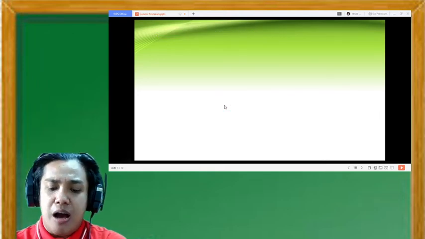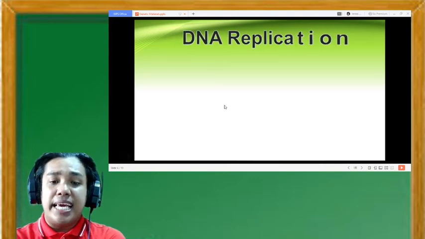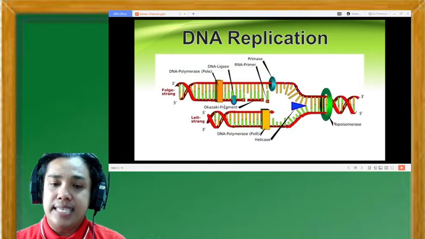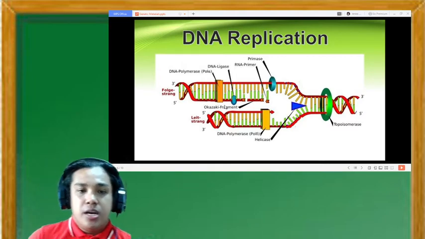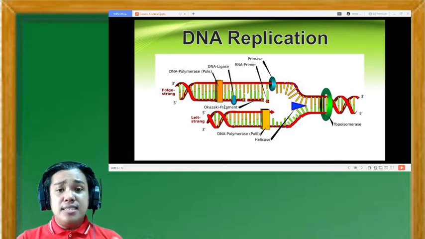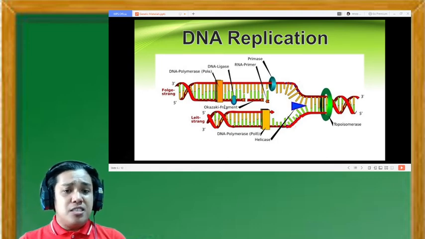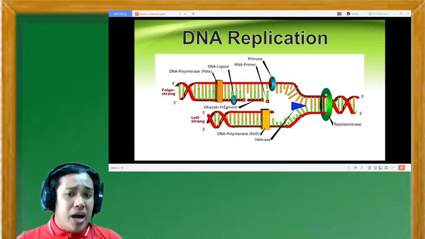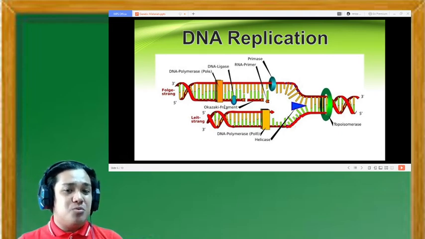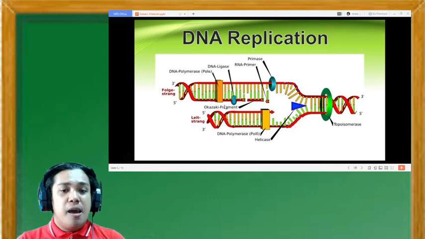So, let's talk about DNA replication. Just see the picture. How does the DNA make a copy of itself? The process starts when the two strands of DNA separate from one another when enzymes break the hydrogen bonds between the complementary nitrogen bases.